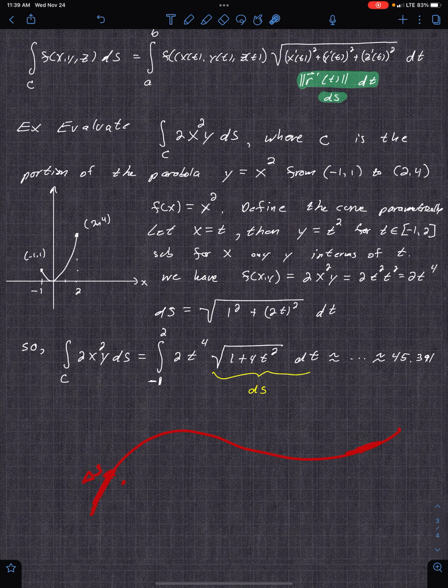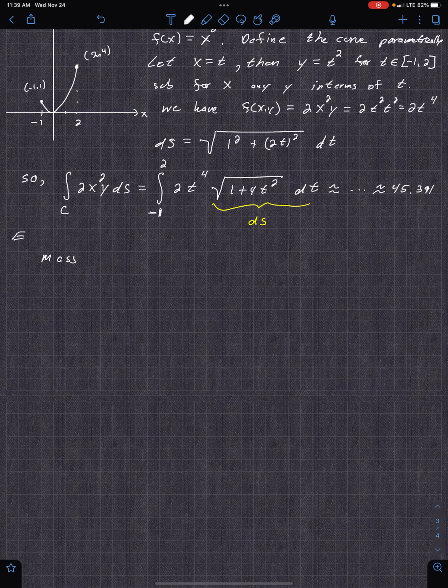That would be a line integral over C, and then you have your density function of x, y, z times ds, and that'll give you the mass of the wire. So that's another way to interpret this, and that's what they do in the book too.